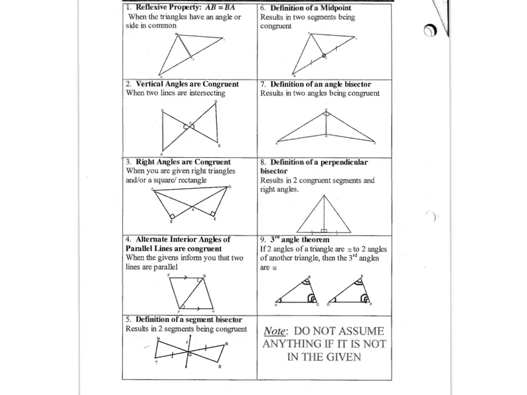Alright, next I'm going to talk about the reasons about why you can say triangles are congruent. So this section right here is going to be the reasons for your body of the two-column proof. So anything in the body part, you will probably use many of these reasons.